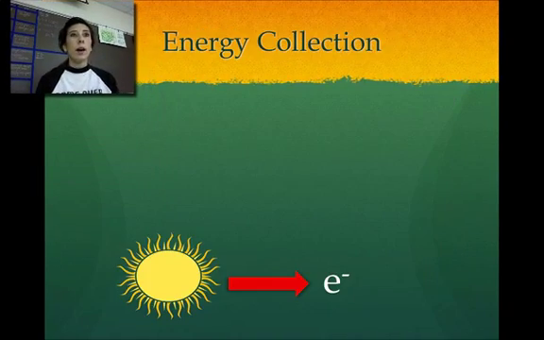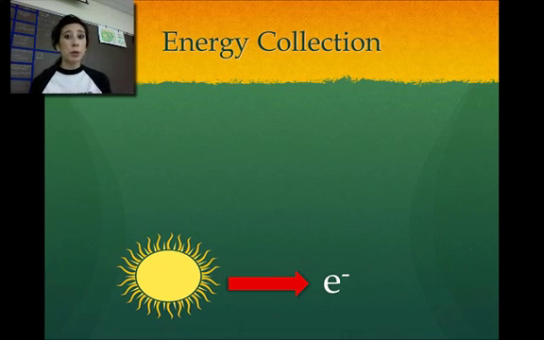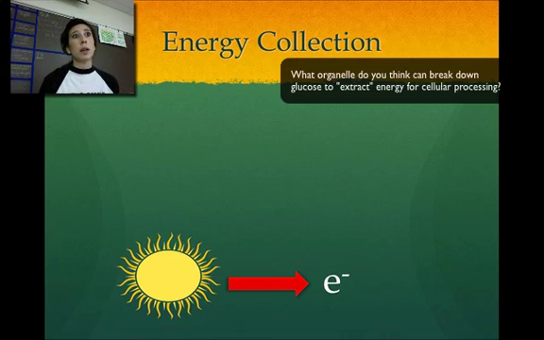So how do we basically take energy from the sun? We all know, hopefully, that sunlight is involved in photosynthesis, and we're taking that energy and we're using it in order to generate something. And ultimately at the end of photosynthesis, we're trying to generate glucose, and glucose is a form of energy, which can then be used by another organelle of the cell to produce some energy.